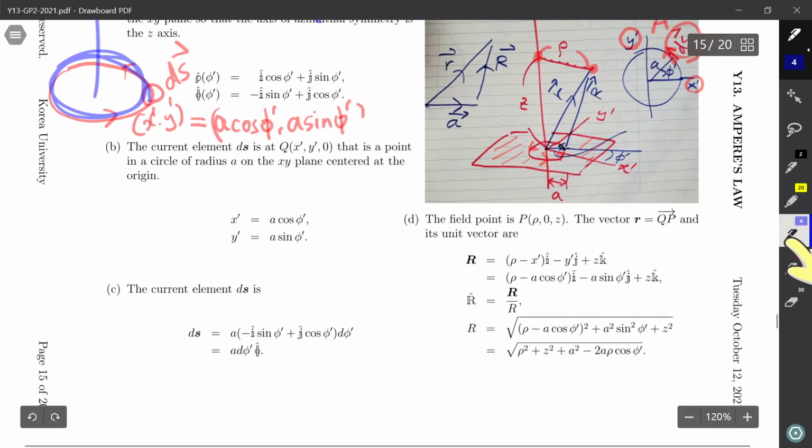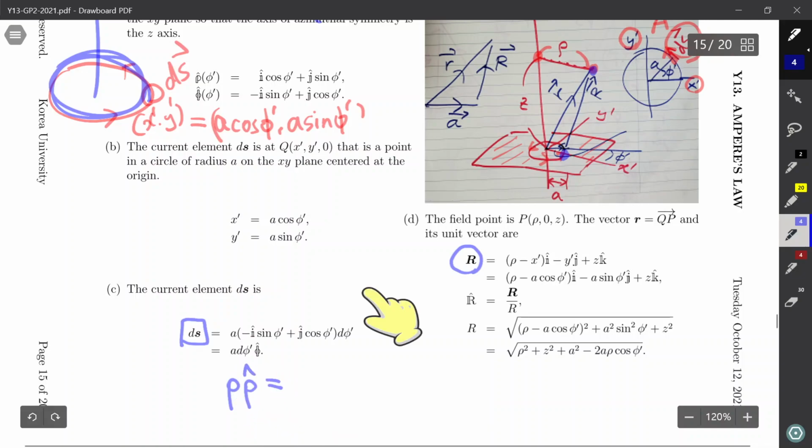Here, if I want to apply the Biot-Savart Law, we have to know the vector, this is a capital R, from the source to the field point. Source is this one, placed at rho hat vector.